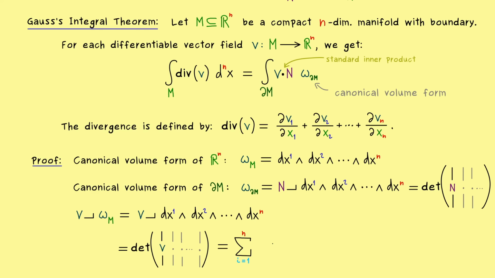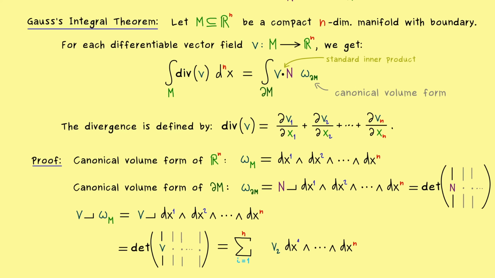So for example, in the first step we just have V1 and then the determinant is given where the first row is cancelled. This means we could describe that with the wedge product here where dx1 is missing. And then in the next step we would have V2 multiplied with the determinant where the second row is cancelled.